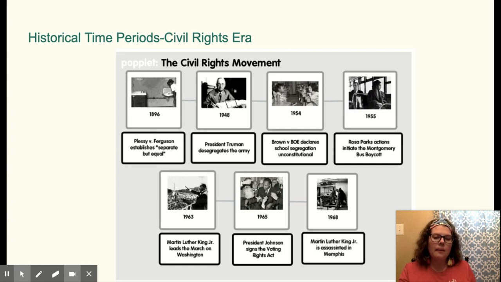And then you will see in 1963, Martin Luther King Jr. starts to lead a march in Washington, D.C. to fight for equal rights again in America.